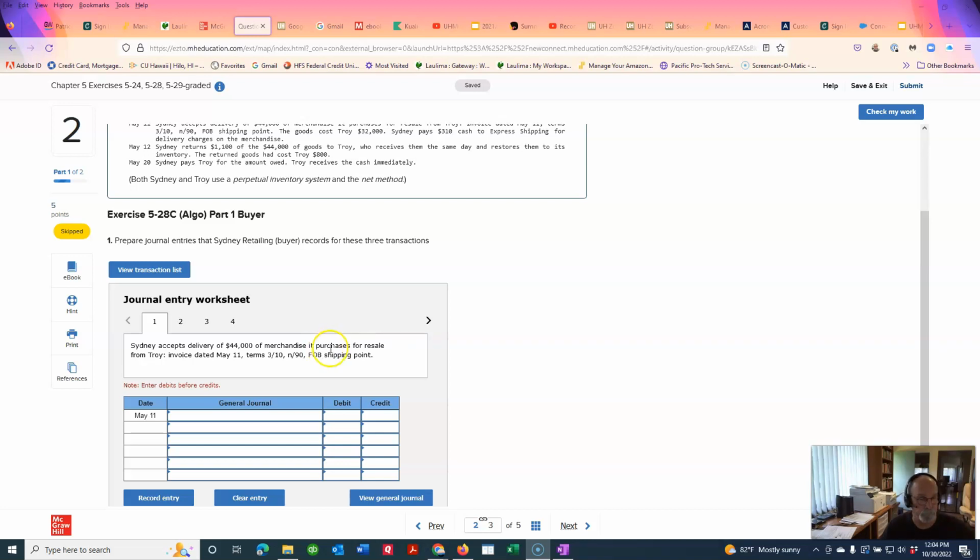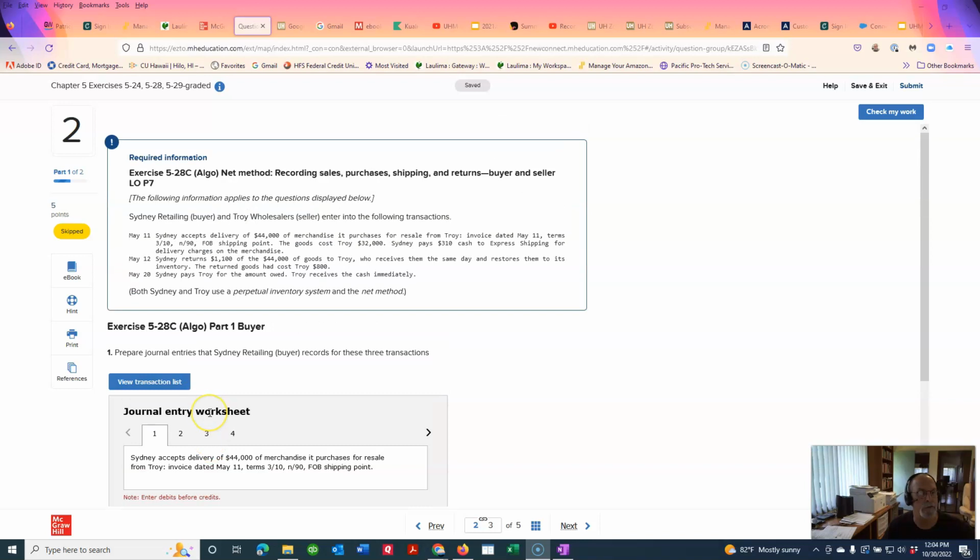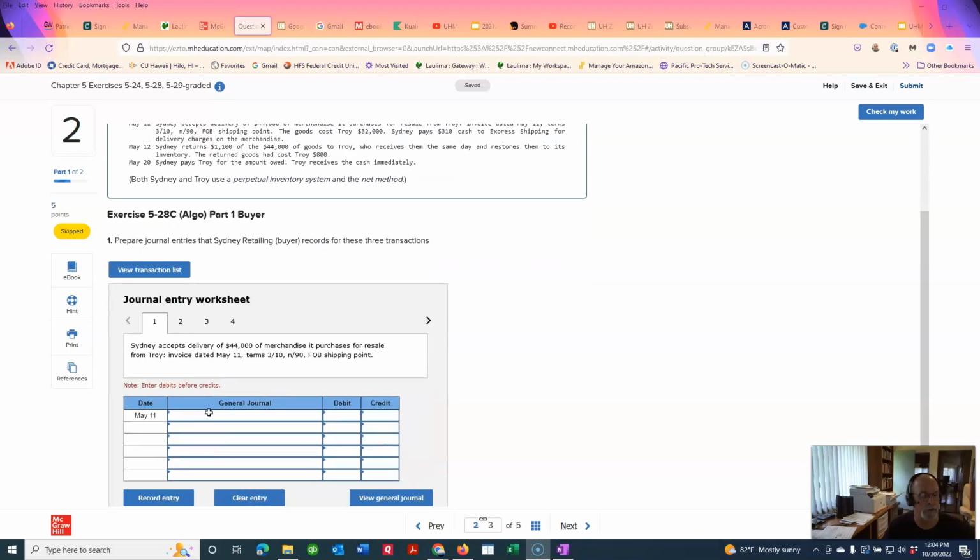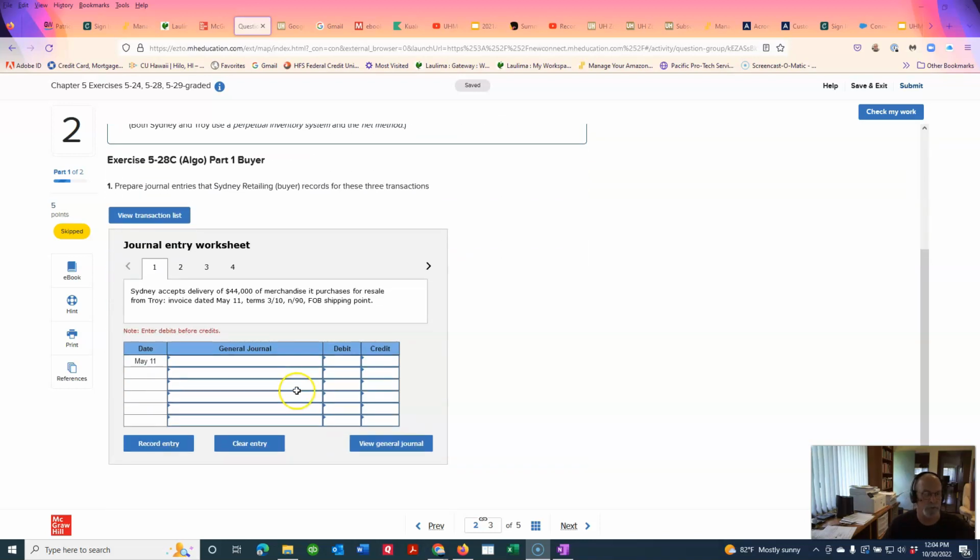Okay, so let's record this purchase, first of all, on the buyer's books, and we are recording this on the net method. So net method generally refers to the discount involved in the transaction.